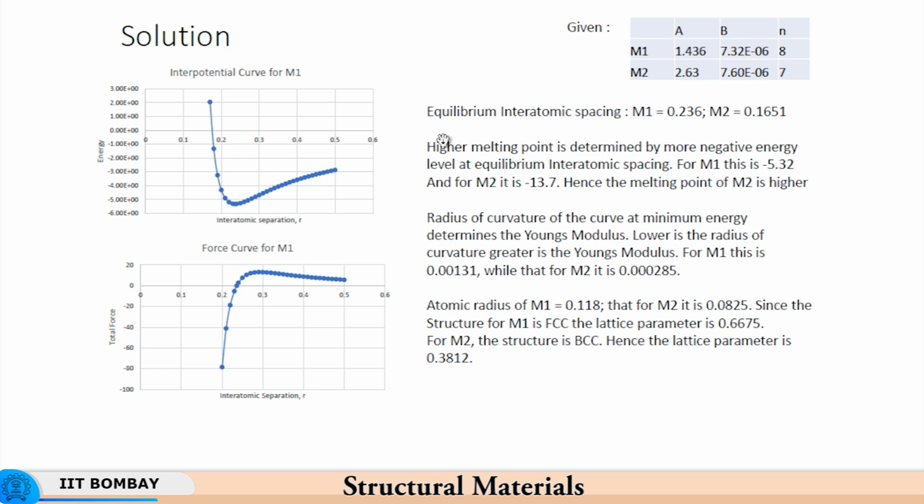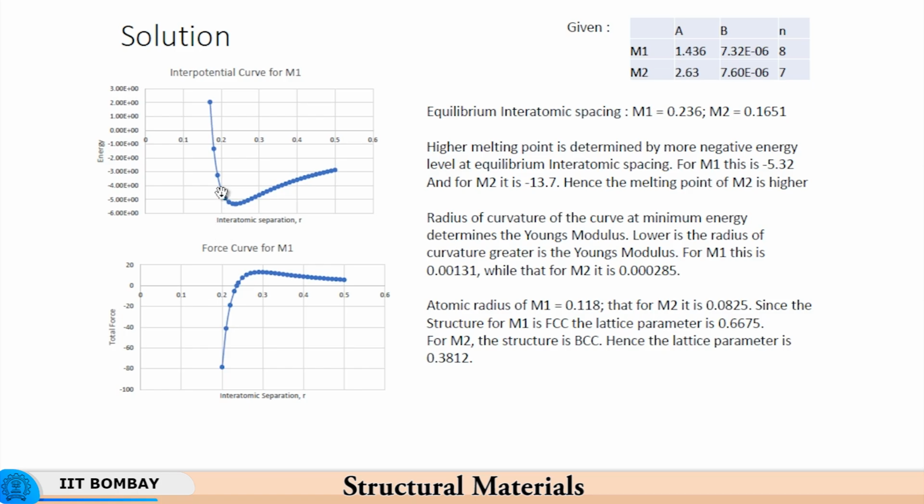So having calculated this equilibrium atomic spacing, you use this value to get the depth of the energy well, which translates to a higher melting point where the depth is higher, meaning M2, having a greater depth of the energy well, will have a greater melting point.